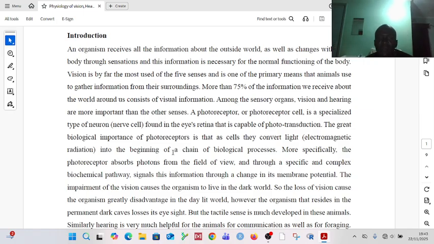But more than 75% of the information that most animals receive about their immediate environment consists of visual information, what they perceive using their eyes. Because you can see something even when it is silent, even when it has not touched you.